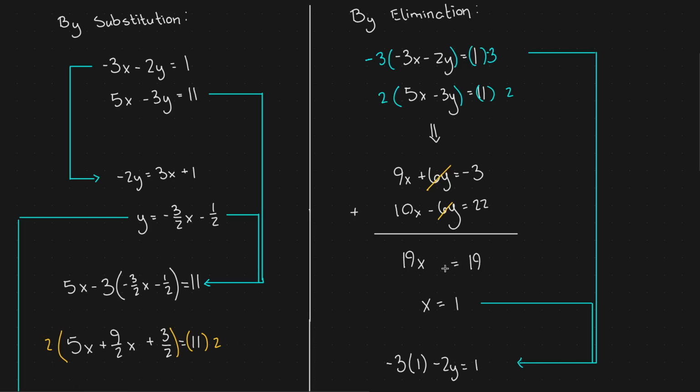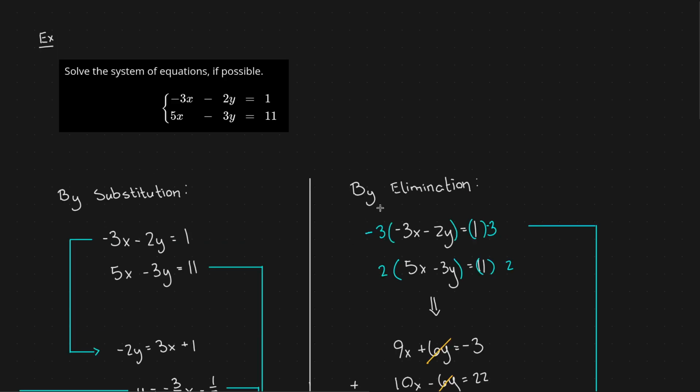Fractions were a little bit annoying when we were solving by substitution. Okay? Elimination does tend to be the easier method. And so we're going to be using elimination almost exclusively in this class. And we're going to actually formalize it a little bit to make it a little more useful to us.